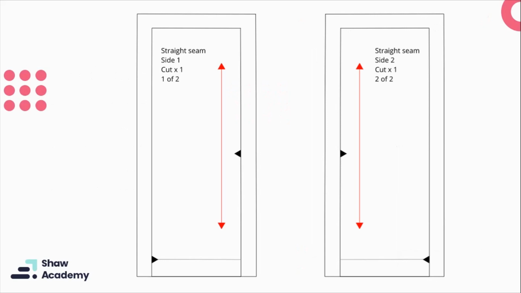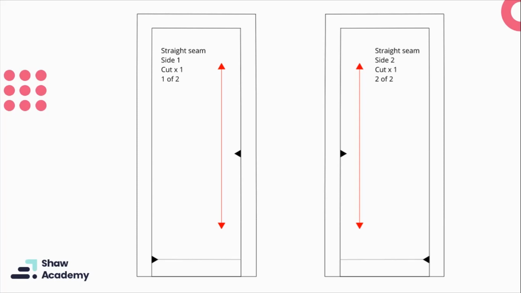Again, add in all the information after it has been traced. So here you can see that I have split the pattern into 2 pieces to create the seam in the middle. I've also added all the information and the pattern symbols. So you can see that this is the straight seam pattern.